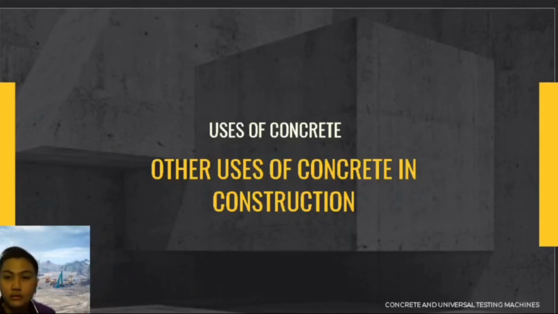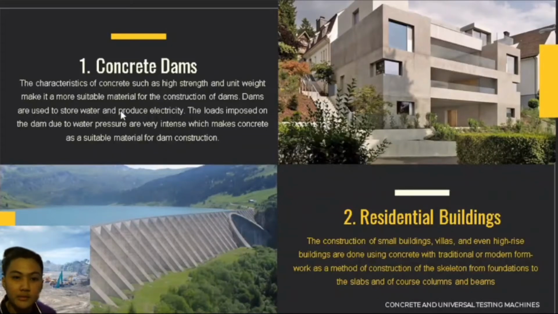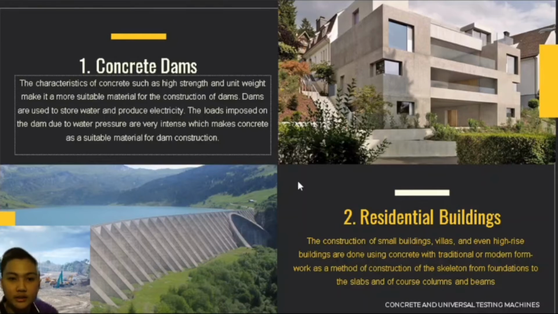construction. This topic that I'm about to discuss are just some examples of other uses of concrete in different construction and different places. First, we have concrete dams. The characteristics of concrete, such as high strength and unit weight, make it a more suitable material for the construction of dams.